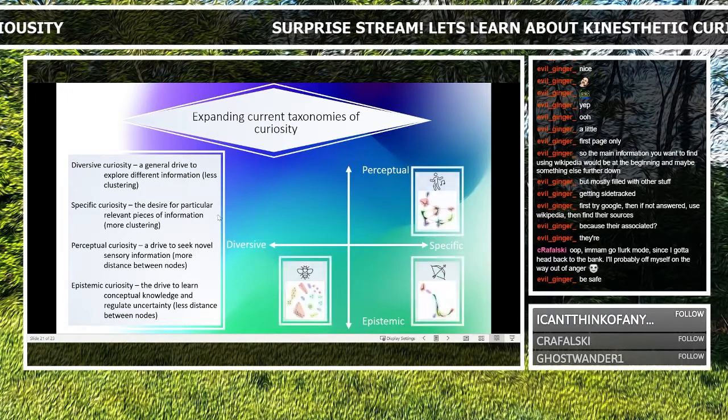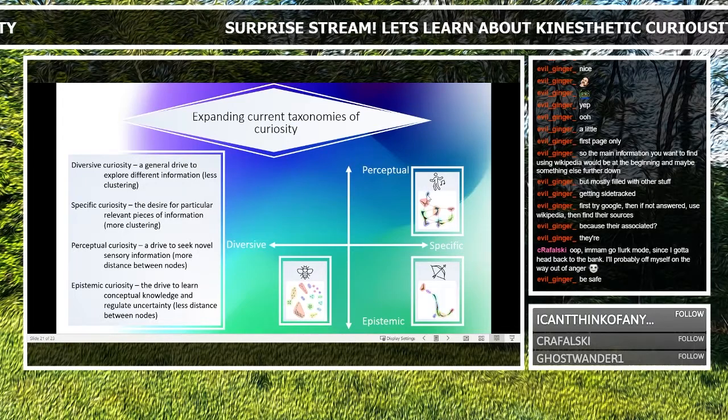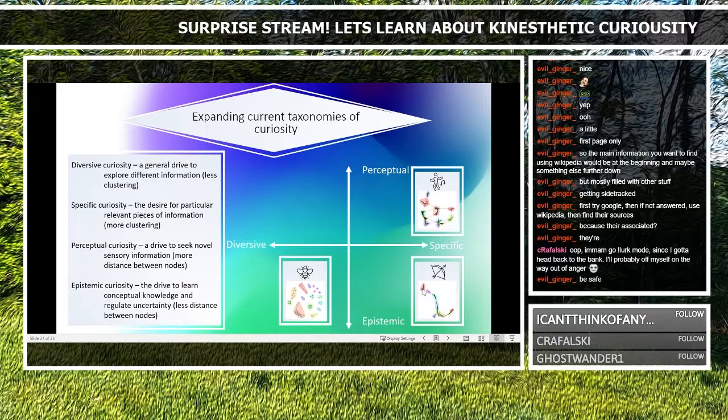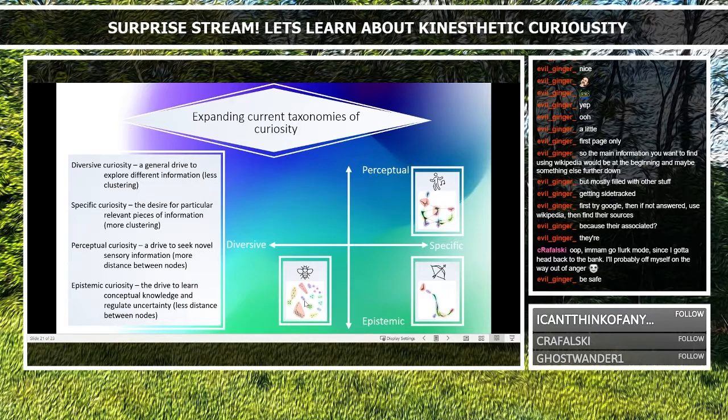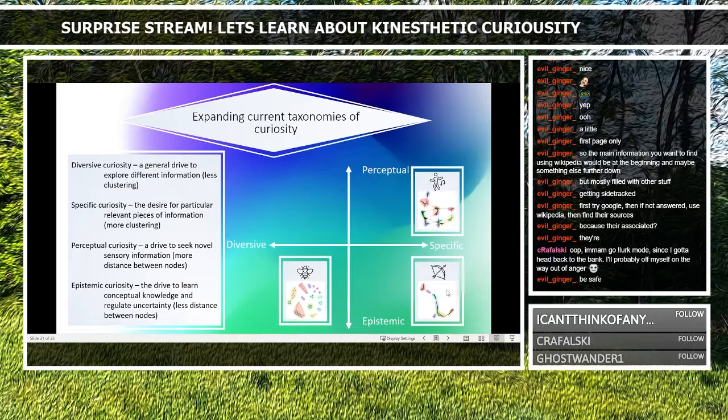And taking these concepts, you can take the dancer, which has more clustering and more distance between the nodes, the hunter, which is more clustering and less distance from the nodes, and the busybody, which is less clustering and less distance between the nodes. And this is where they would hit on these axes.